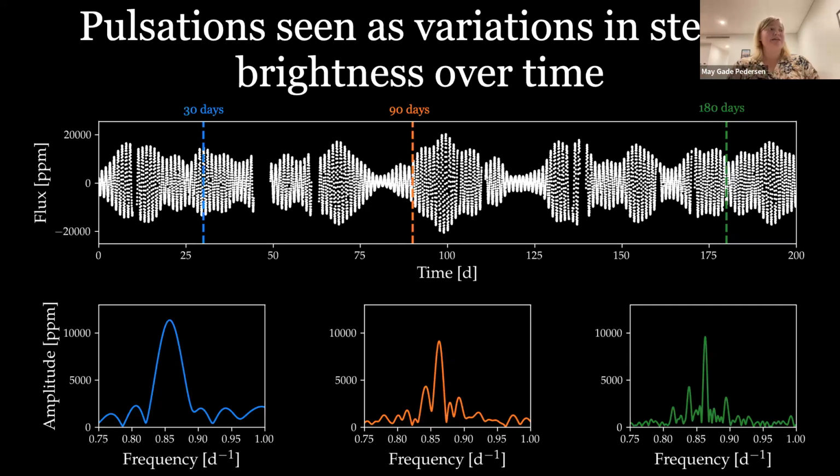I'm trying to illustrate that with the figures here, where on the top we have a light curve of a gravity mode pulsator observed by Kepler. And on the bottom 3 panels, you see the Fourier transform of that light curve, assuming 3 different lengths of the time series. In the left-hand panel, we assume that the light curve is 30 days in length. In the middle one, it's 90 days, and the final one is 180 days.